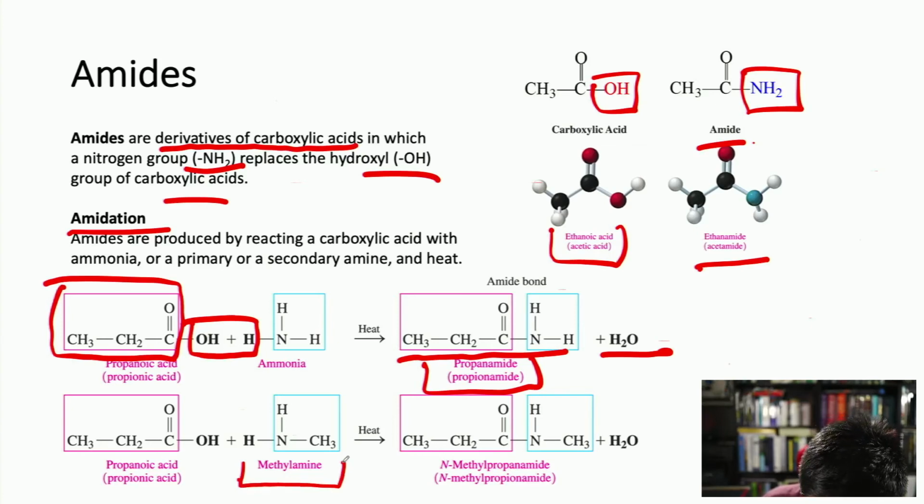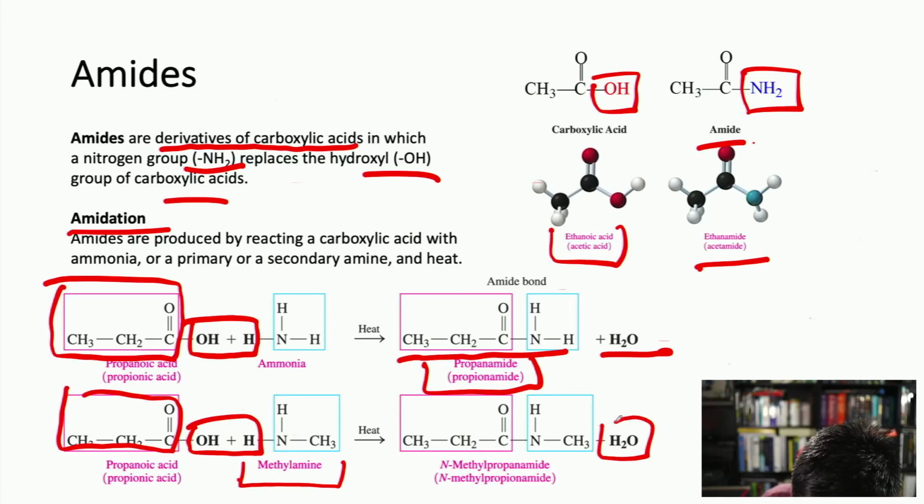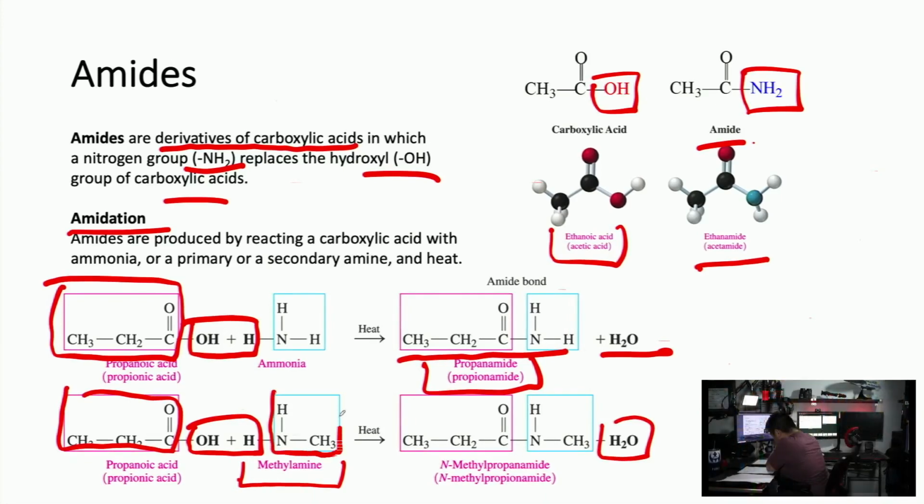This can happen with a primary amine as well, right? Same thing again. We have propanoic acid here. The OH from the propanoic acid would combine with one of the hydrogens from the methylamine, making water, and then that makes it so that the amide part, which is the NHCH3 right here, can combine with the propanoic acid to make N-methylpropanamide.